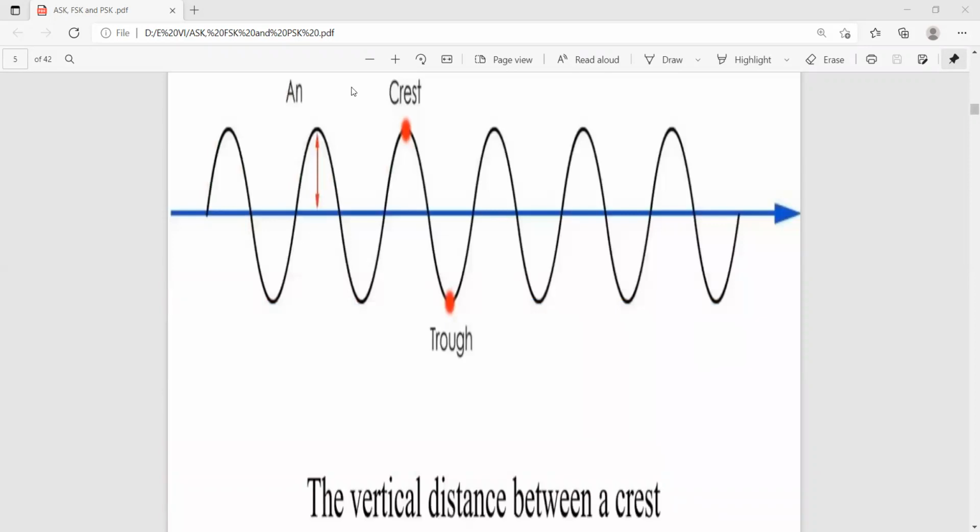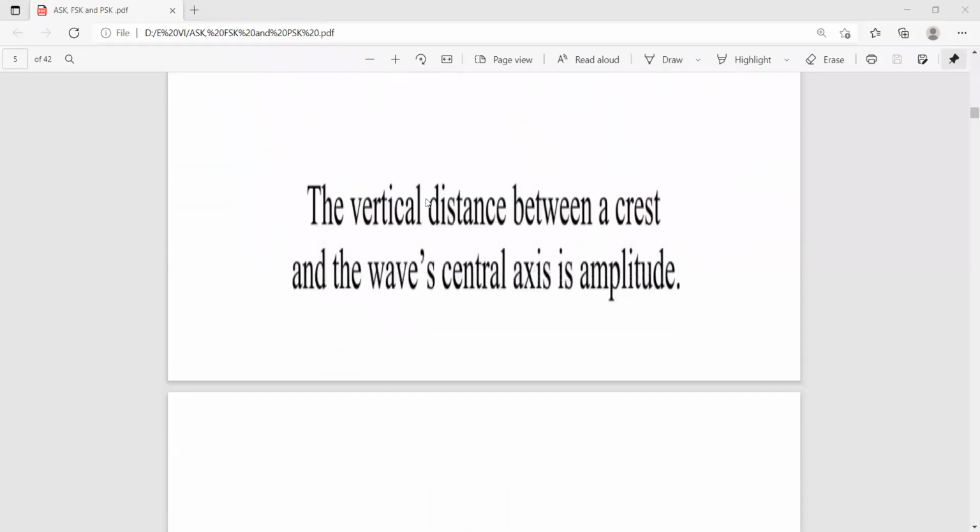In the sinusoidal waveform, the top point is called the crest and the bottom is called the trough. This is generally called the amplitude. From the negative to the positive amplitude is the peak to peak amplitude. Amplitude is the vertical distance between a crest and the wave's central axis.